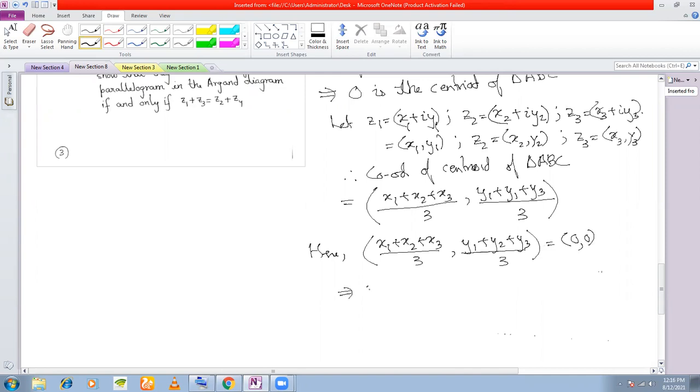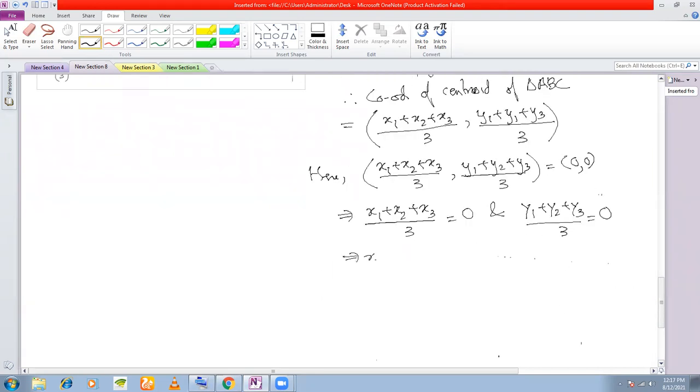That means X1 plus X2 plus X3 divided by 3 is equal to 0, and Y1 plus Y2 plus Y3 divided by 3 is equal to 0. This means X1 plus X2 plus X3 is equal to 0, and Y1 plus Y2 plus Y3 is equal to 0.